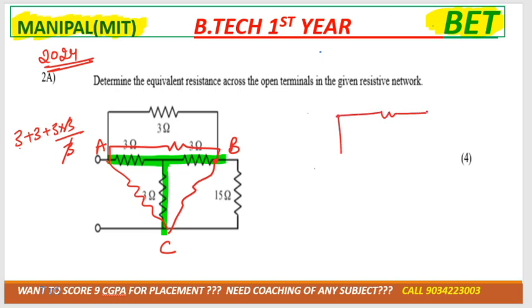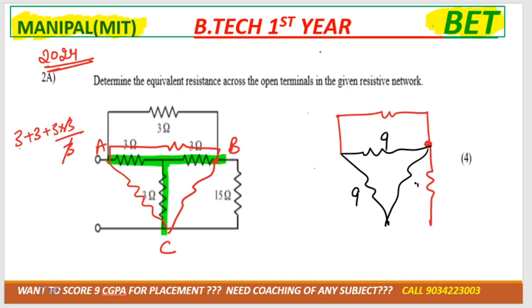If I redraw the diagram, 3 ohm as it is and then 15 ohm as it is, right? So this one, this one, this one, this is 9, 9, 9, that we have converted from star to delta. This is 3 ohm, this is 15 ohm, right?